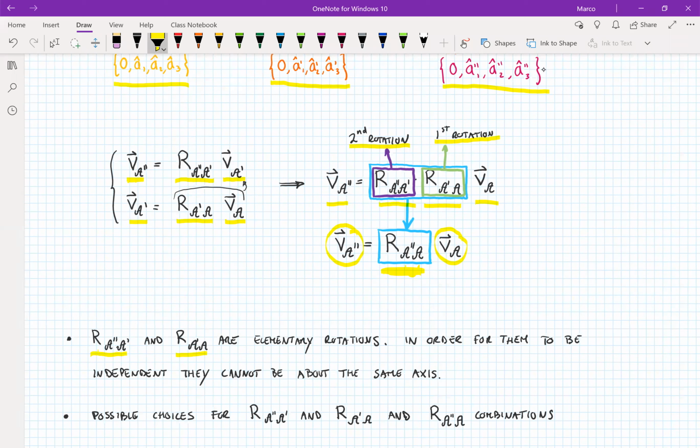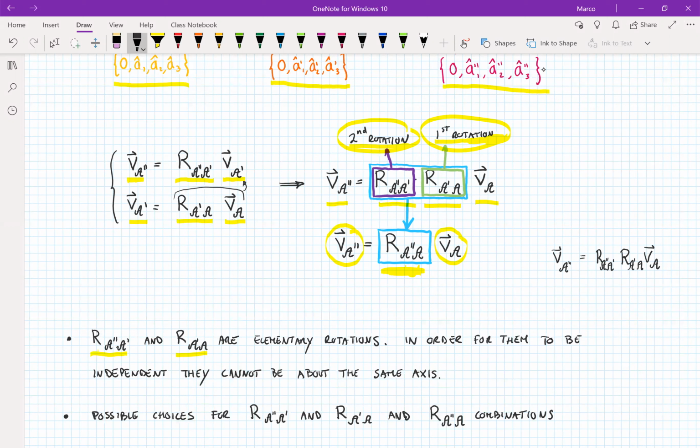And let me repeat myself once again. Why is this the first rotation and why is this the second rotation? Because we're reading things from right to left. So logically speaking, we are starting from a vector in the A reference frame, then we are applying a rotation from A to A prime, and then we are applying another rotation from A prime to A double prime, and then finally this gives us V in the A double prime coordinates.